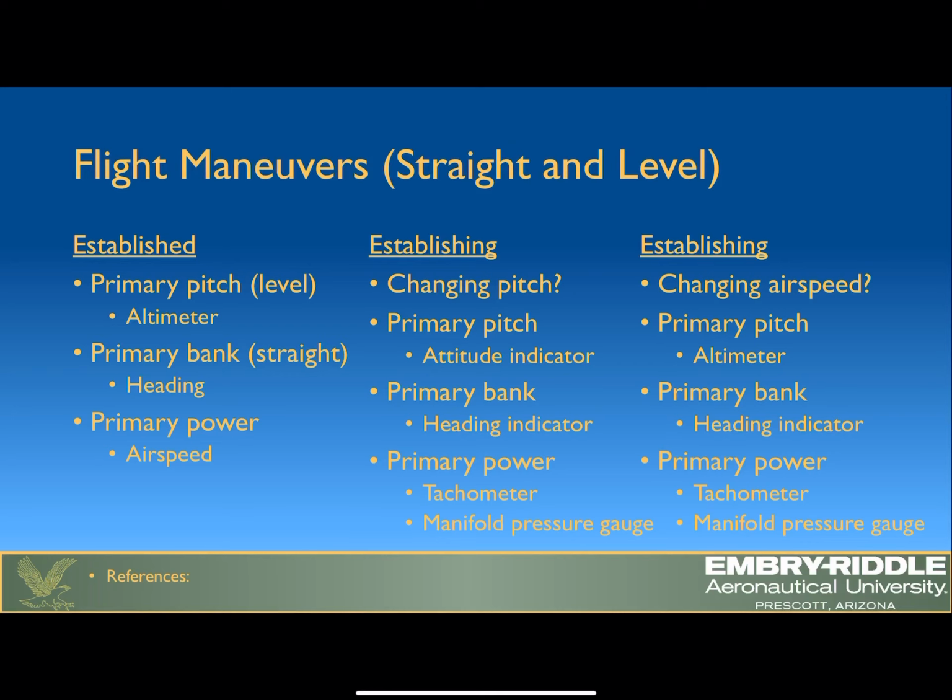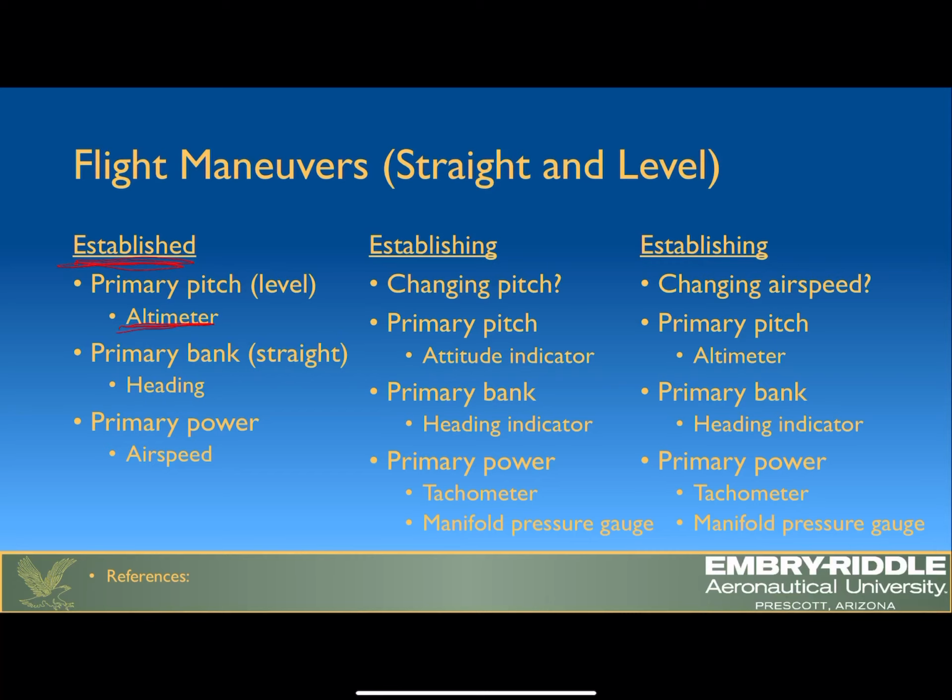So for example, if the goal is straight and level flight, and we're established, in this far left column here, our primary pitch instrument, if we're level, is going to be the altimeter, right?